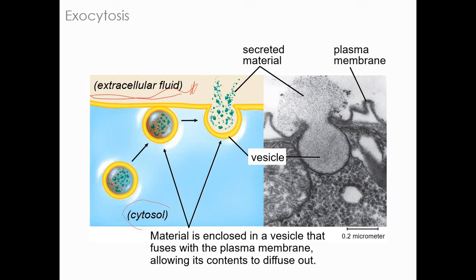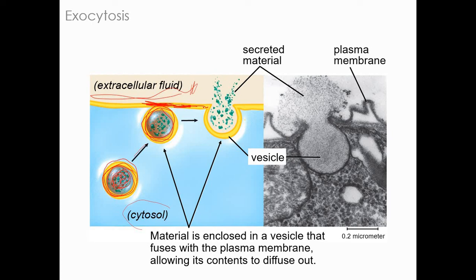So this is the material that you want to transport, the bulk material. The material is enclosed in a vesicle with the plasma membrane. Then this vesicle floats in the cytosol, and it will fuse with the plasma membrane.